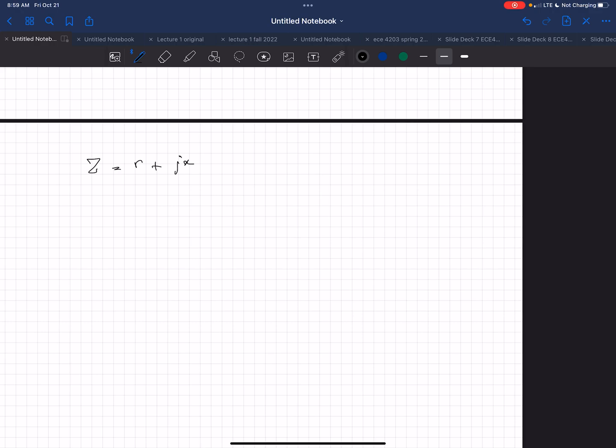If the imaginary part is positive, it means inductive. And if it's negative, it means capacitive.